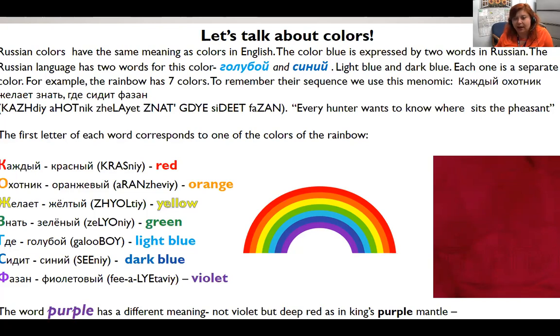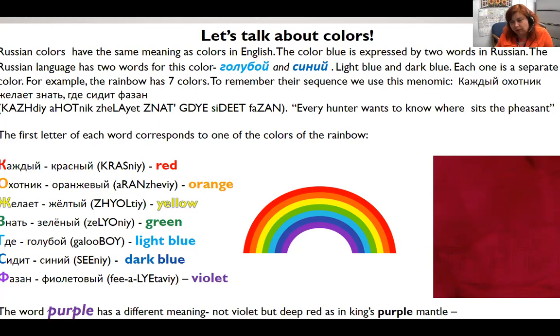Знать. And зеленый starts with the same letter Z. That's a green color in Russian. Зеленый, green. Знать, same letter. So it's the 4th color of the rainbow. Next one is light blue, голубой. In mnemonics, it's где, where.